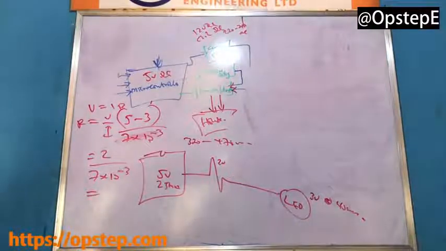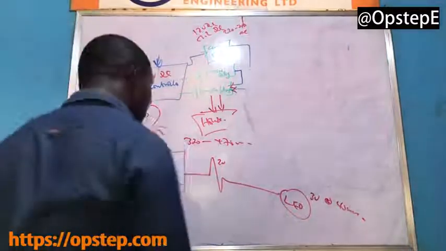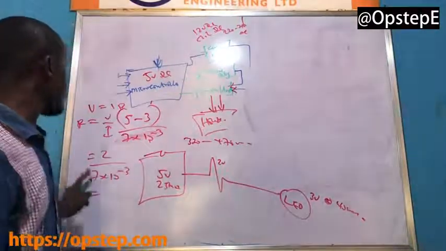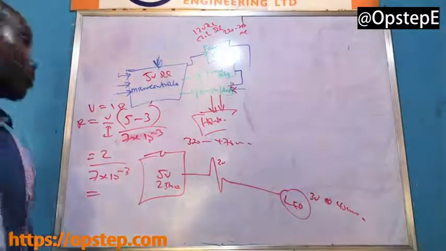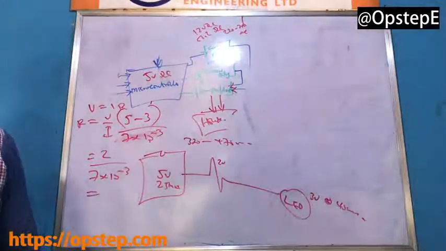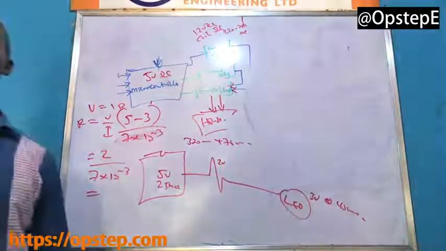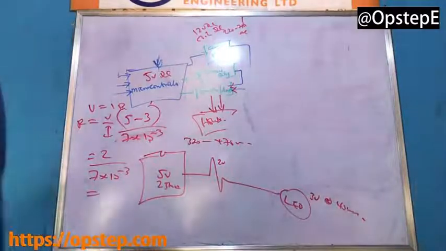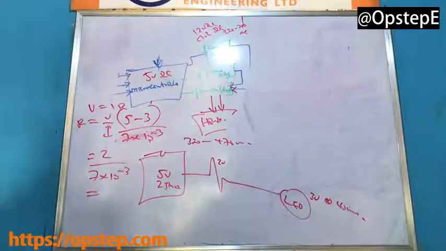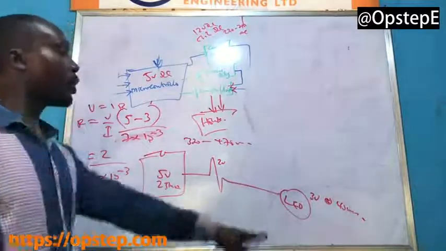Who is going to help me? David! Help me. 2 divided by 7 milliamp. That is 285.7. Are you sure? Is it 3 we give to this one or 2?